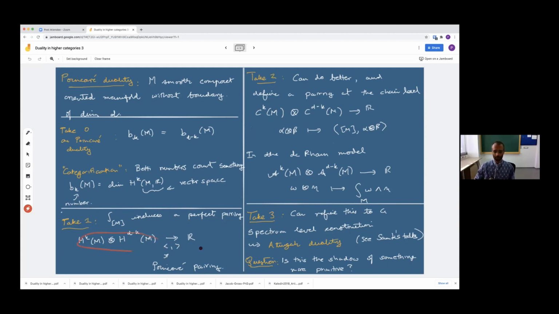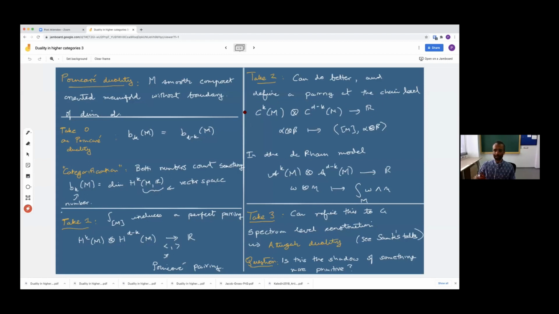And remember, the slogan from my previous lecture is that you're not supposed to declare two things to be equal. That leads to loss of information. So this was a very brutal way of declaring two things to be equal. We simply just forgot about the objects. Just remember that the dimensions of the objects are the same, are equal. This is a slightly less brutal way, but we realize now that these objects themselves are constructed by identifying certain things. So we then ask ourselves for a pairing at the level of cochains.